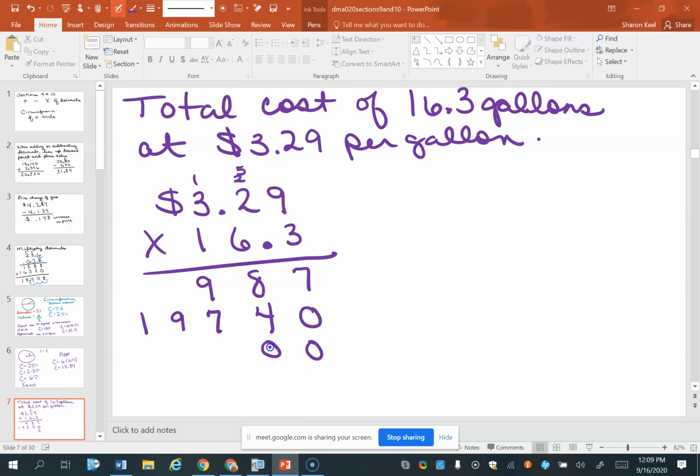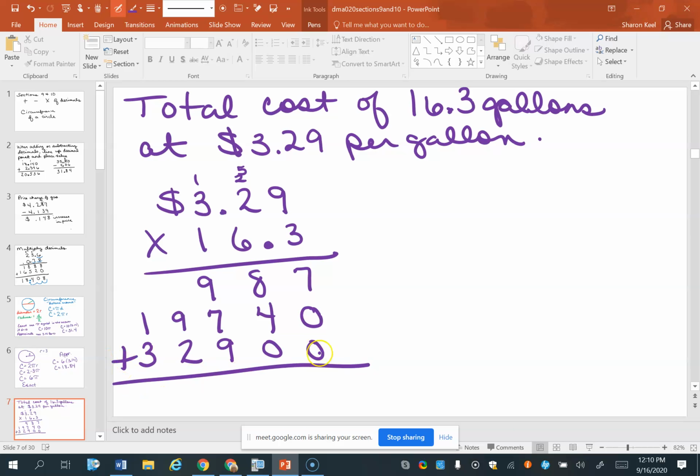Then 1 times 9 is 9, 1 times 2 is 2, 1 times 3 is 3. Now we're going to add.